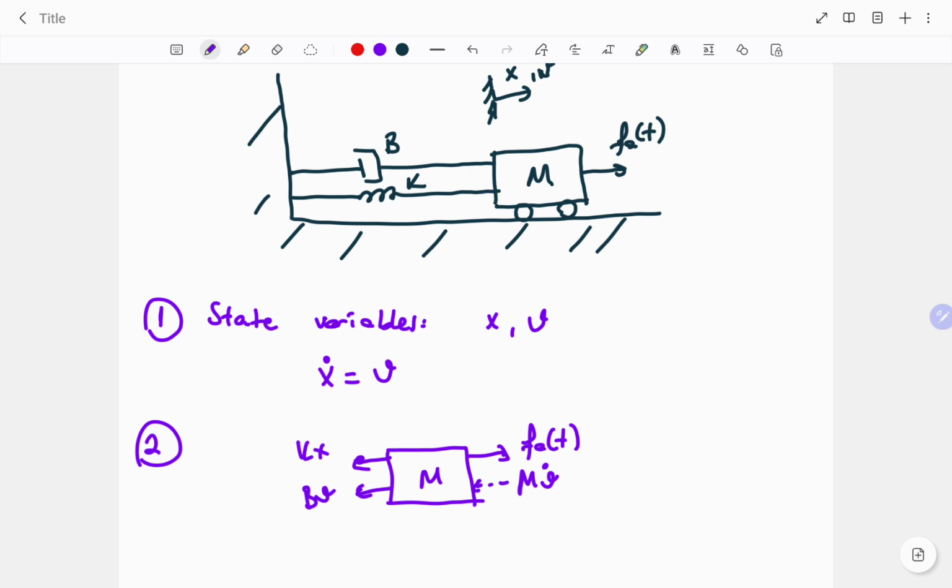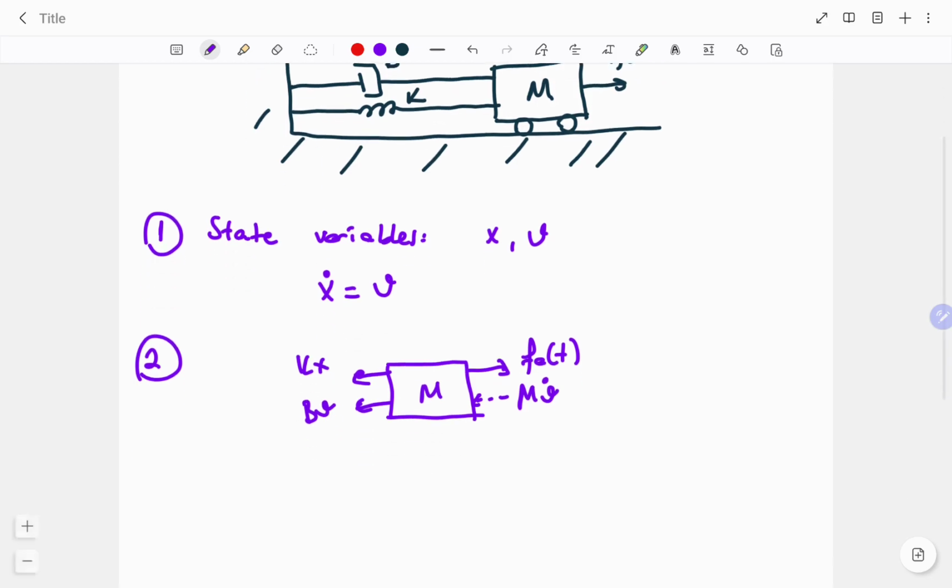By applying the D'Alembert law, we add all the arrows according to their directions, and we accept Fa as positive because the applied force starts the process. So m v dot plus b v plus k x is equal to Fa(t).